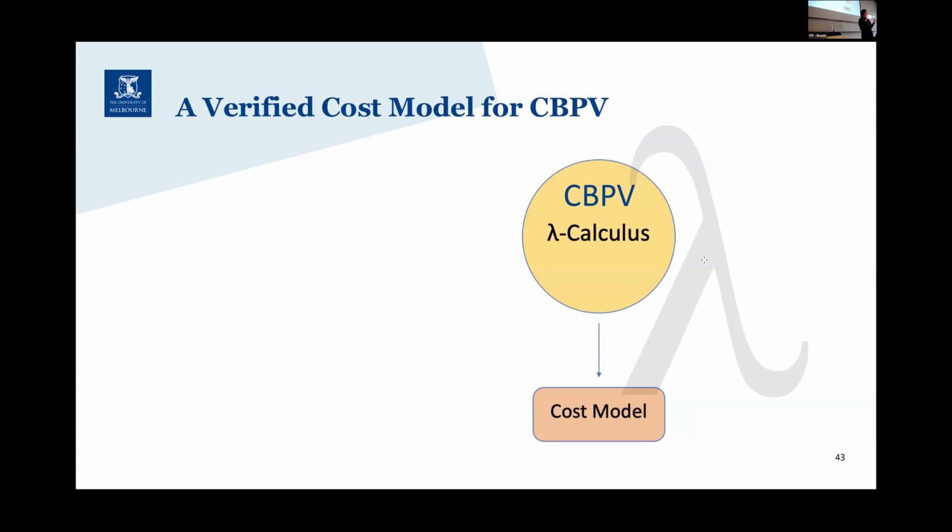So our goal becomes to have a cost model for call by push value lambda calculus. To explicitly define this cost model, we use the natural measure, where we define the time cost to be the number of beta reductions and the space cost to be the size of the biggest intermediate terms.